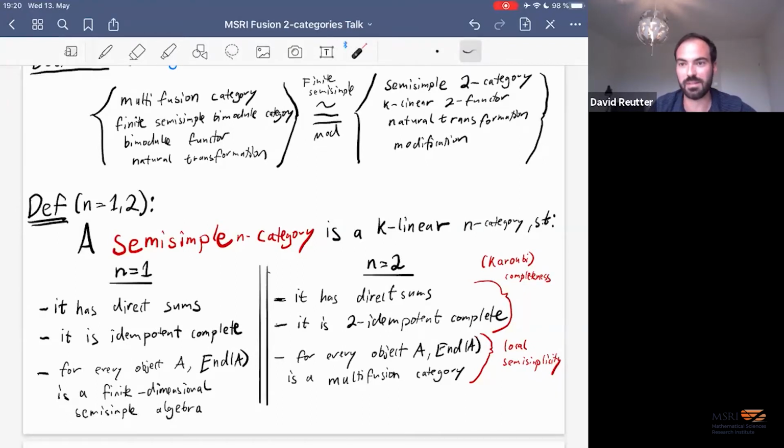So all the higher morphisms will then automatically be invertible. So if you want to have something really non-invertible at all levels, you just have to stick with k-linearity at the top level.